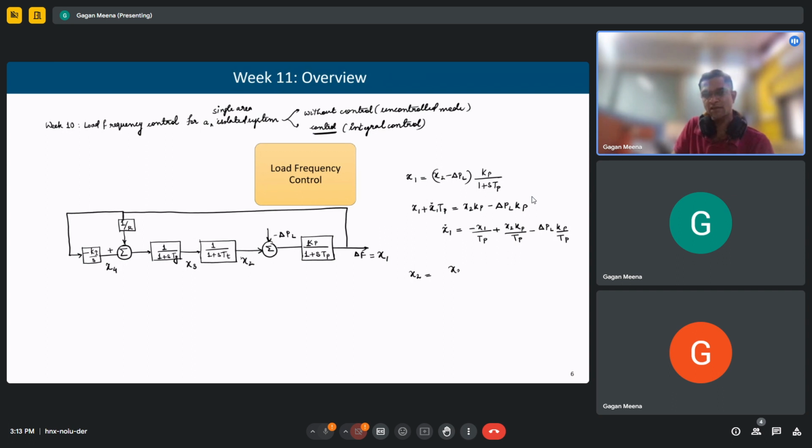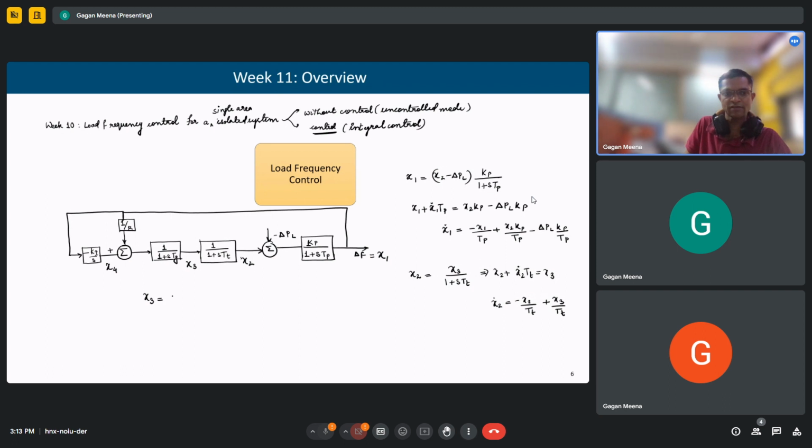X2 is X3 into 1 by 1 plus s Tt. So X2 plus X2 dot into Tt is equal to X3. So X2 dot is equal to minus X2 divided by Tt plus X3 divided by Tt.